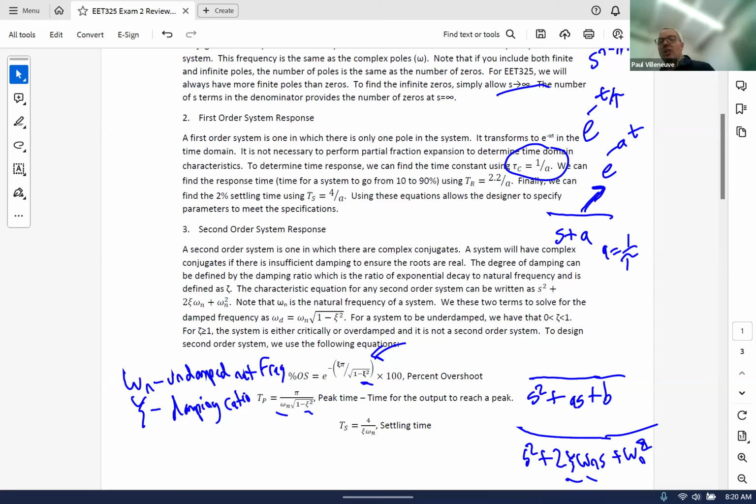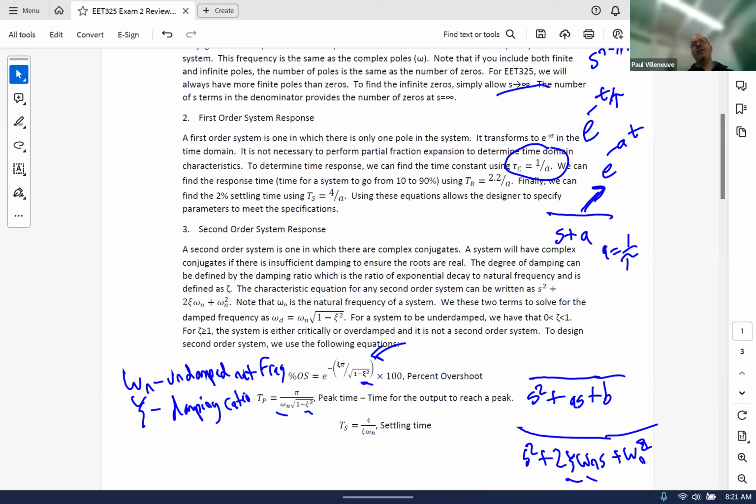Peak time is how long it takes to reach a peak. And this is interesting because remember how we talked about first order systems with rise time, we went from 10 to 90%. That doesn't apply on second order systems. For second order systems, you start at time 0 and you go to the peak time.